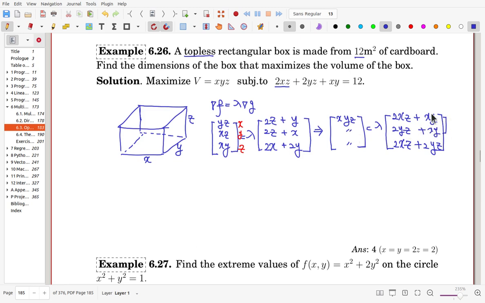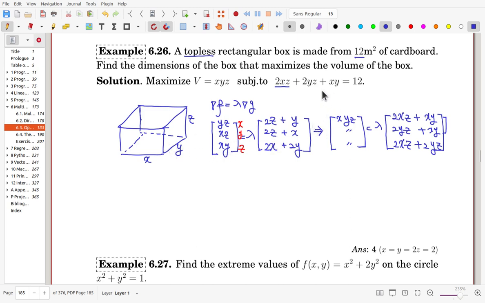xy is the same. Of course, to make a reasonable volume, xyz must be positive, so the left-hand sides are the same. If lambda is 0, then the right side is 0, so at least one of them must be 0, then the volume becomes 0.